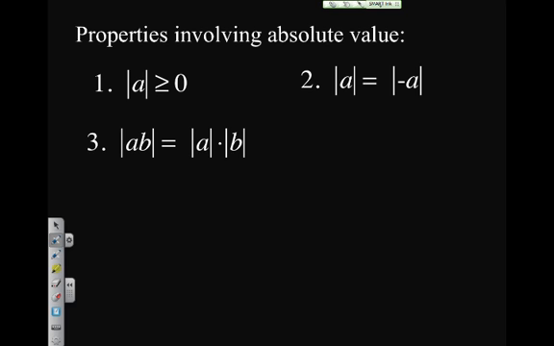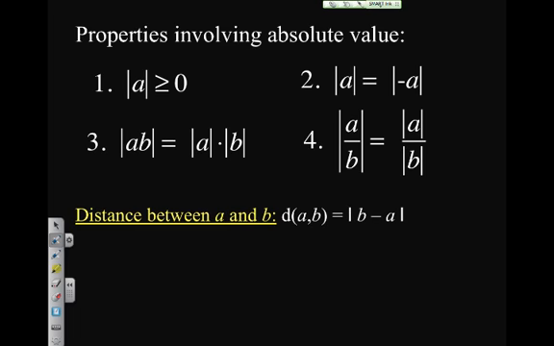The absolute value of a product is equal to the product of the absolute values. The absolute value of a quotient is also equal to the quotient of the absolute values. And then finally, the distance between 2 points on a number line, the distance between a and b, is just equal to the absolute value of b minus a.